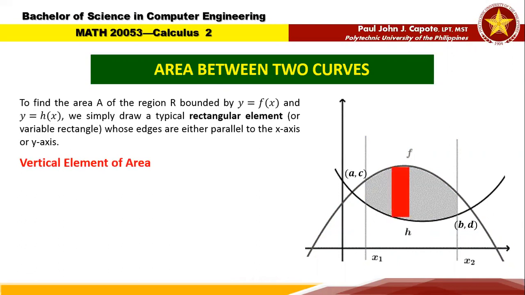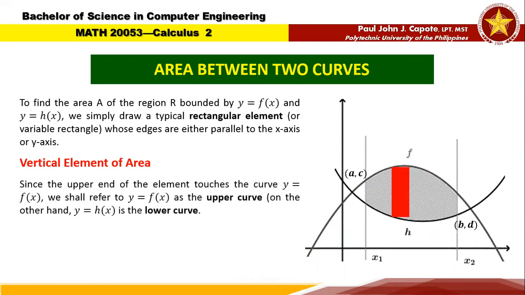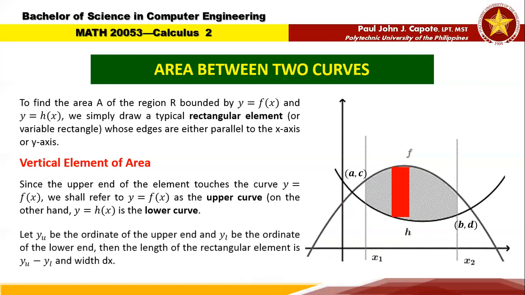First one is known as the vertical element of area. Since the upper end of the element touches the curve y equals f of x, then we shall refer to this y equals f of x as the upper curve. On the other hand, y equals h of x is the lower curve.